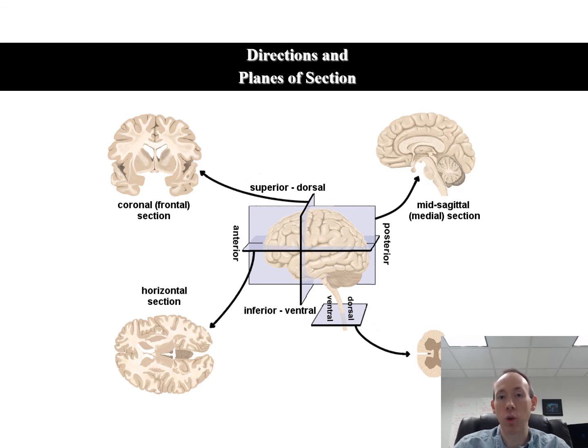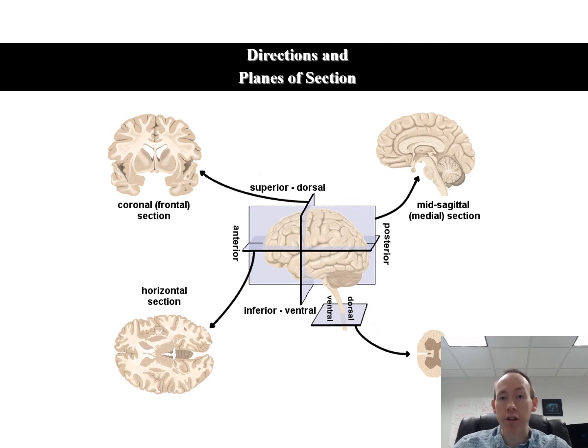So we think of a dorsal fin of a dolphin or a shark, that's on the back, and so dorsal is to the top for the human brain, but in the brainstem and spinal cord it is toward the back. And in that case, I really prefer posterior and anterior. It's just a little clearer.